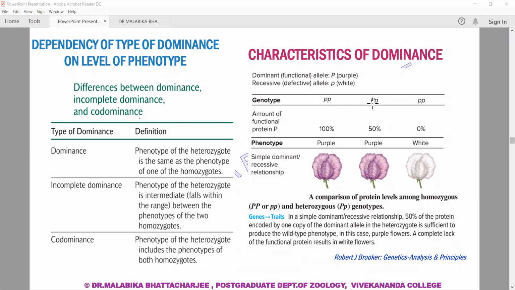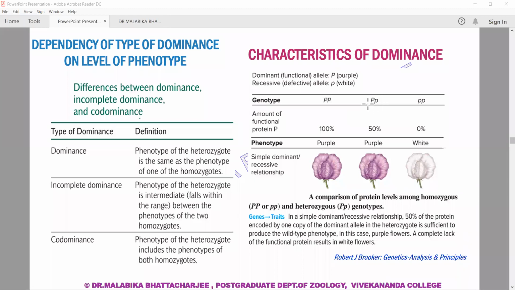So a particular gene or allele which, in a homozygous or a heterozygous condition, gives full phenotypic expression of its product, this kind of gene is known as a haplosufficient gene. I'm repeating once more. In this case, two capital P is producing 100% of the product and we are getting a purple color.